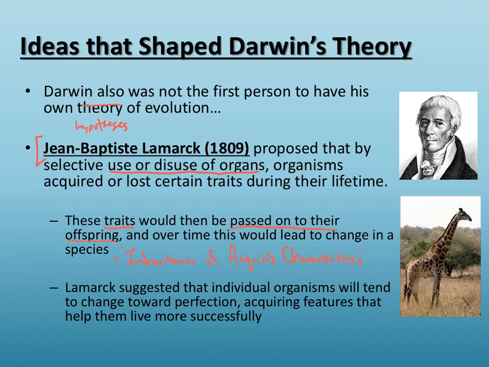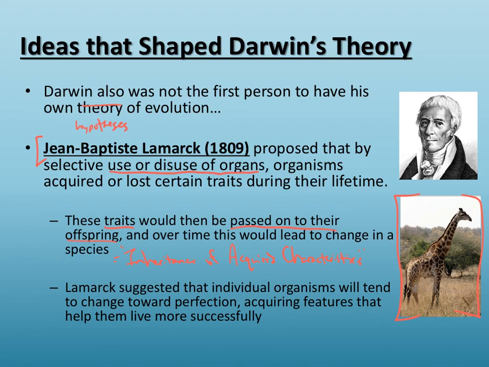Now, the classic Lamarck example was giraffes. Lamarck suggested that giraffes, when they started, were no different than maybe a horse or camel type organism. It did not have such a long neck and such long legs. But what Lamarck suggested is that some of those giraffes started to stretch for their food. And that stretching made them just a little bit taller than the generation before them.